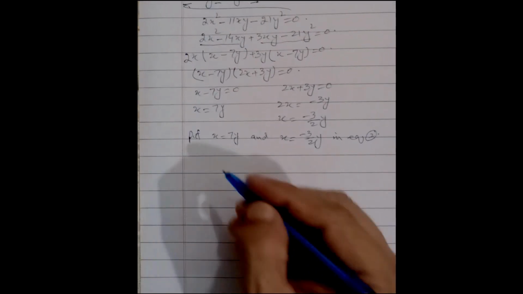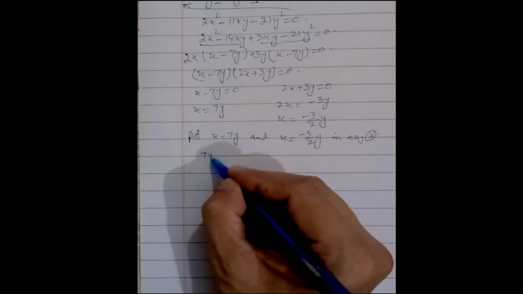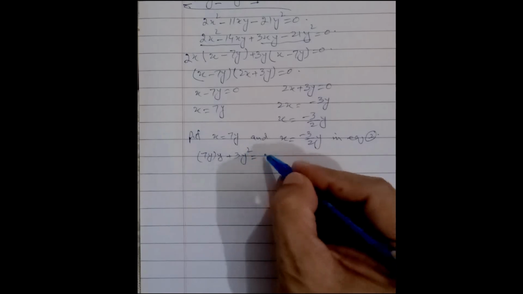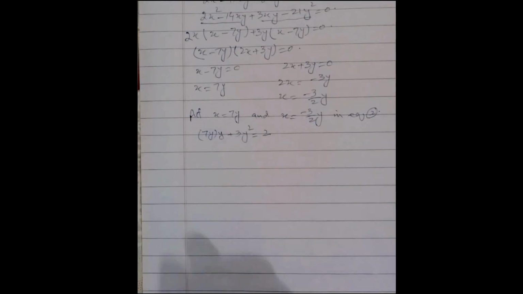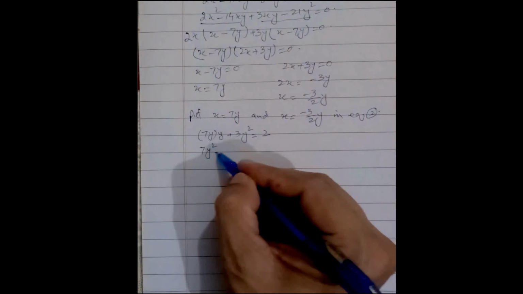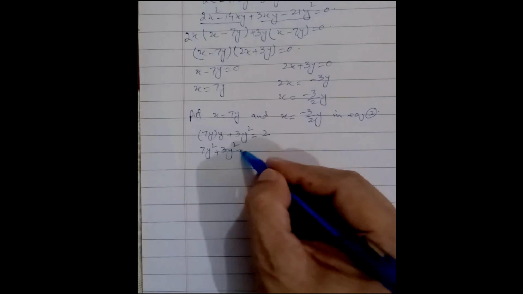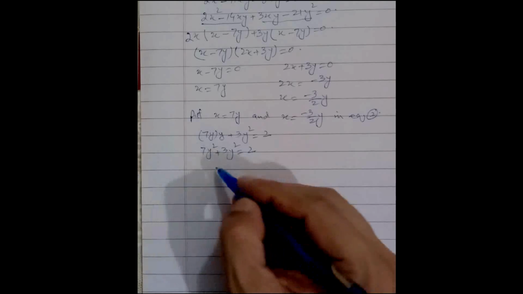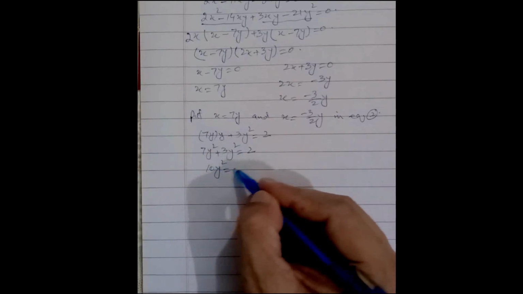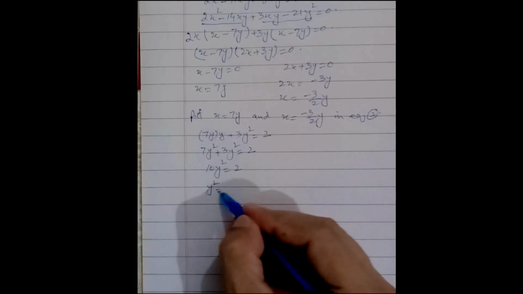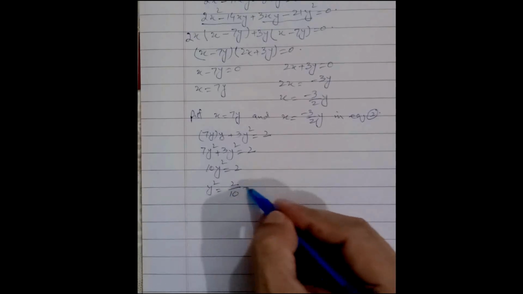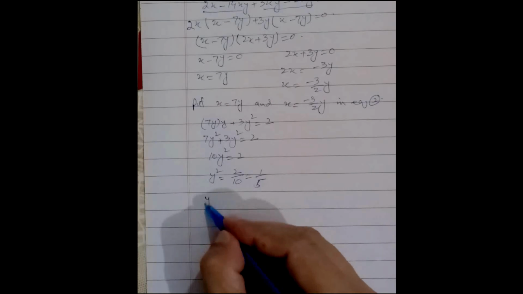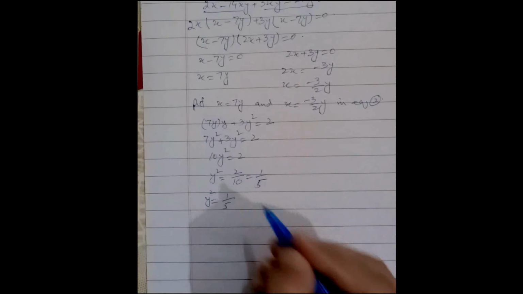We get 7y into y plus 3y square is equal to 2. Simplify it. 7y square plus 3y square is equal to 2. 7y square plus 3y square we get 10y square is equal to 2 and y square is equal to 2 over 10, which is equal to 1 over 5.